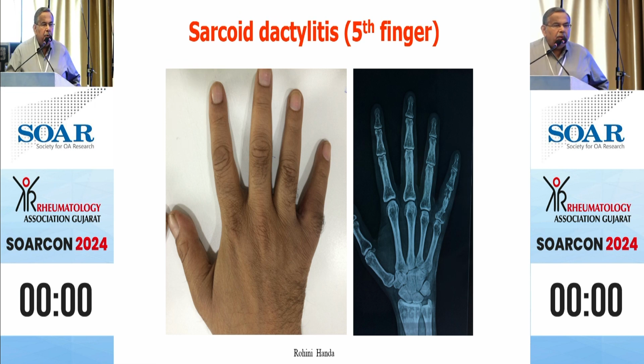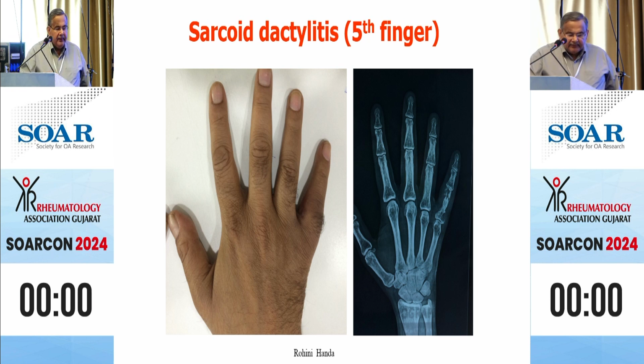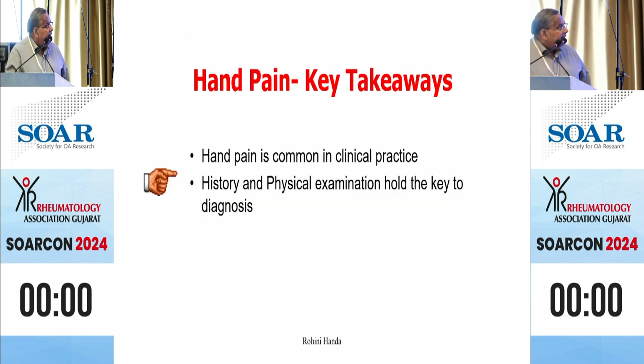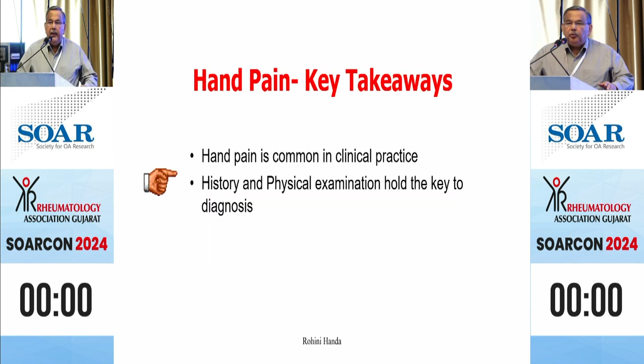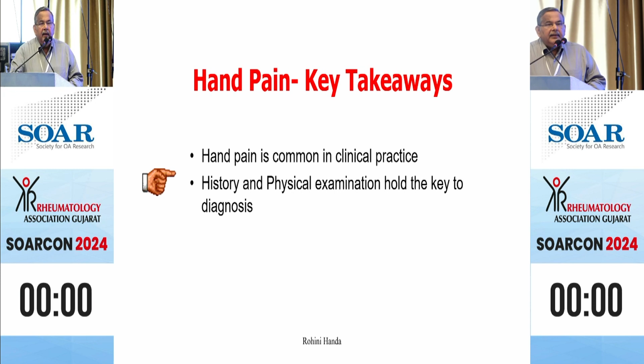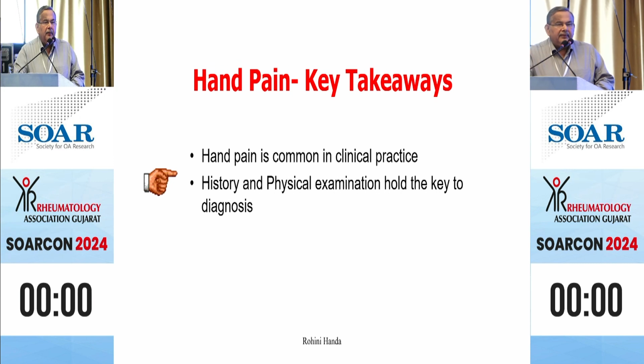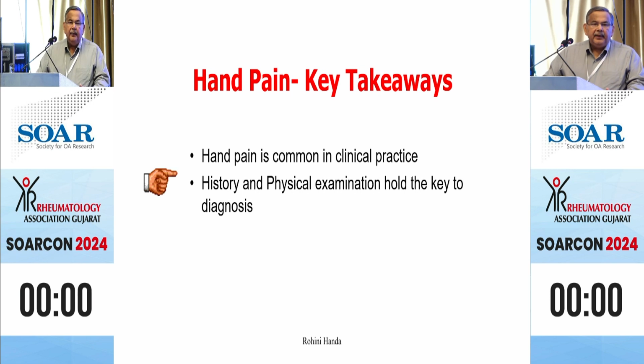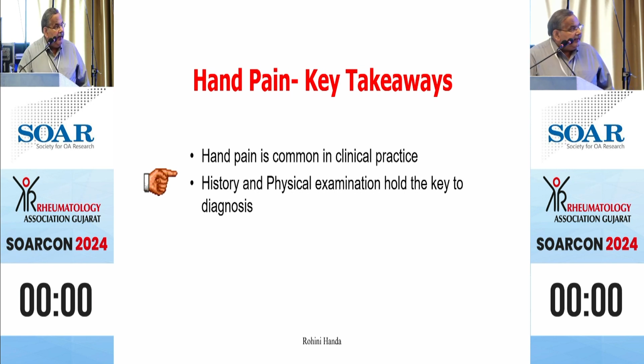I actually do not have a patient photograph of hemochromatosis, but this is the list of causes of hand pain. And I would like to conclude by mentioning that the approach is overwhelmingly clinical. You need a modicum of investigations, patient anamnesis, and a careful physical examination, and you have the diagnosis of hand pain.